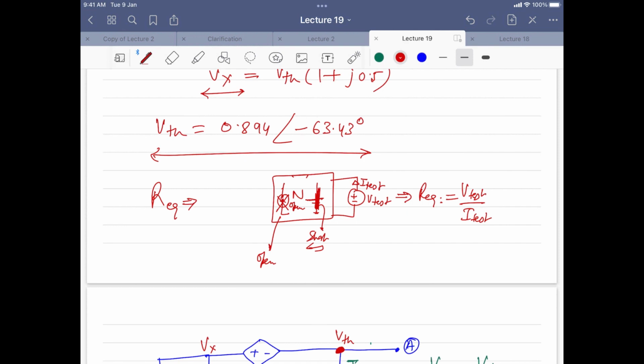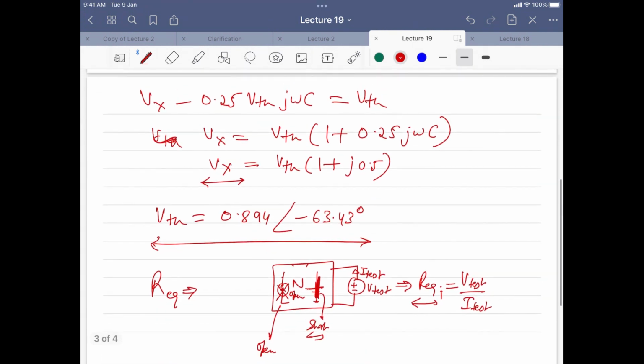So this is the first way. The second way is that if you have this arbitrary network, you can pass the current I test like this, and you have a voltage V test across it.